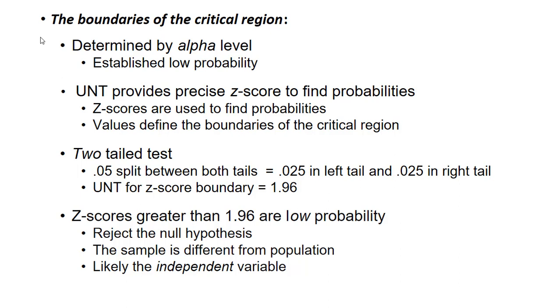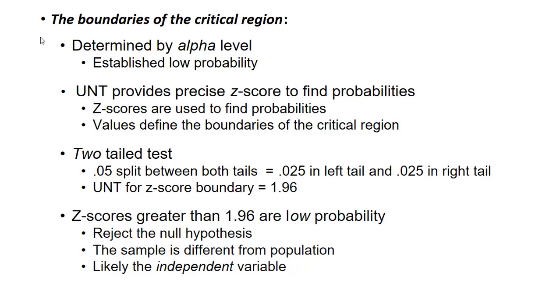If it is true that the population mean is equal to the sample mean, what sample means would be so rare that we would have to reconsider the null hypothesis, in other words. So our alpha level is determined a priori, which just means ahead of time. This is an ethical consideration for researchers. We can't change our alpha level afterwards to make it work for our research. What we do is we predetermine our alpha level and then test using that alpha level.